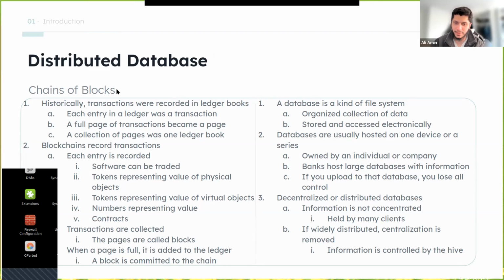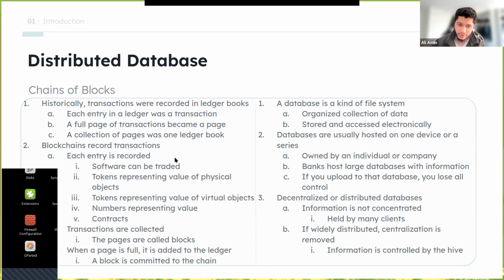A blockchain is basically the same exact idea. Each transaction is recorded in the blockchain. A full page of transactions is a block, and when you have all of these blocks together, it makes a blockchain. Every transaction is recorded, but it doesn't necessarily have to be transactions with money.